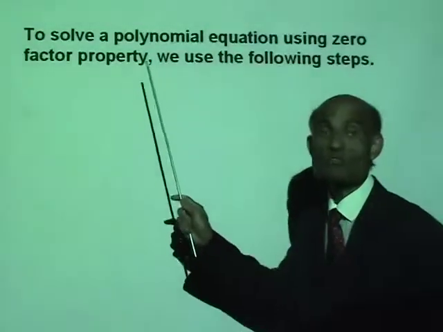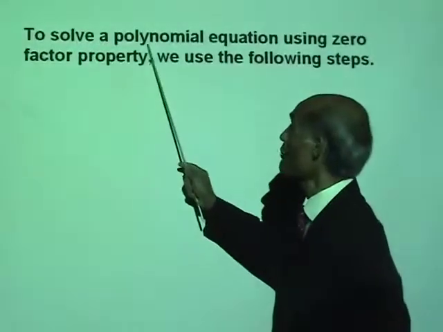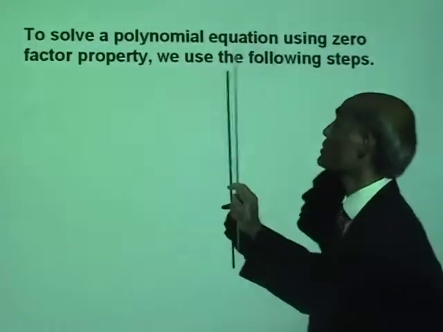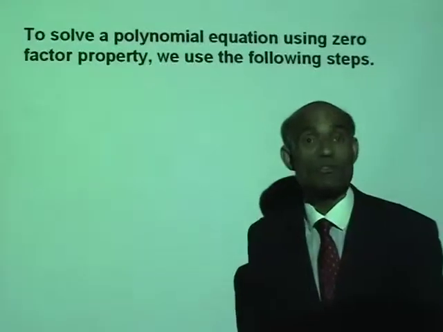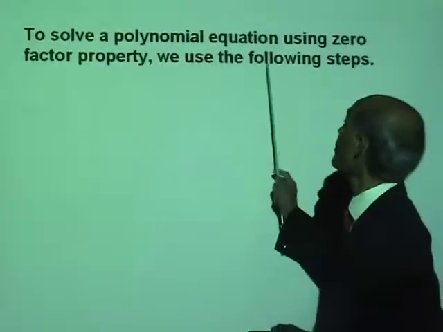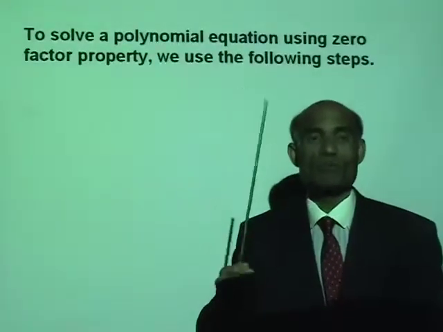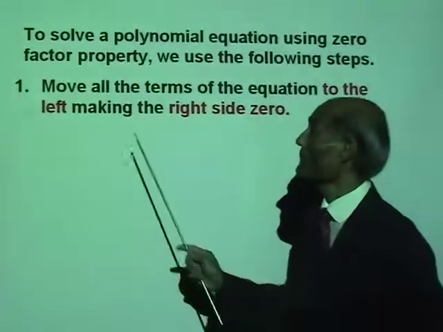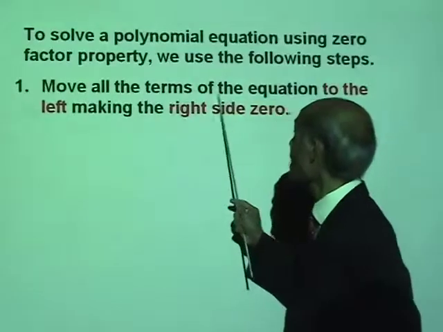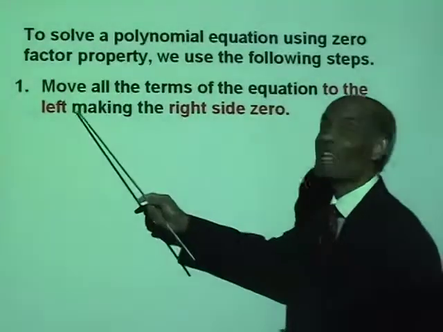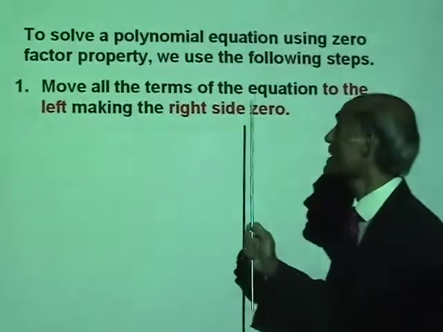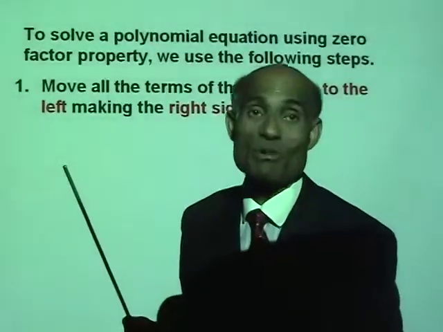Well, I want you to take note of this. To solve a polynomial equation using the zero factor property, we are going to use a few steps. And I want you to take note of those steps. Step 1. Move all the terms of the equation to the left side, making the right side 0.